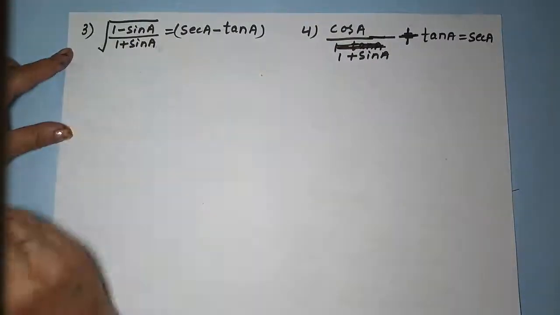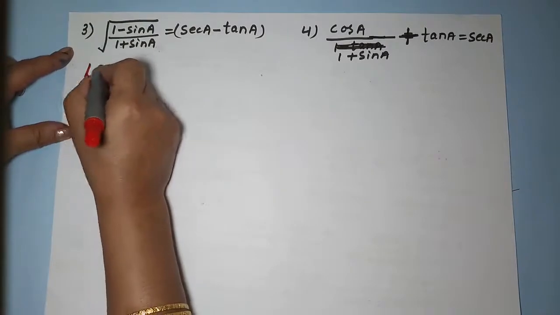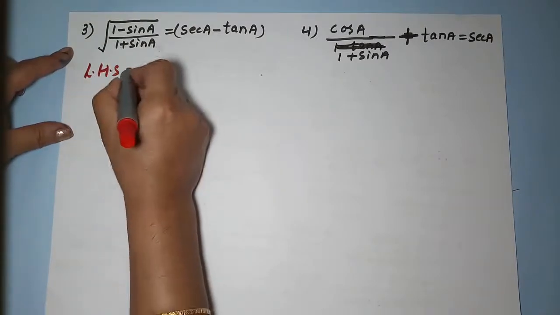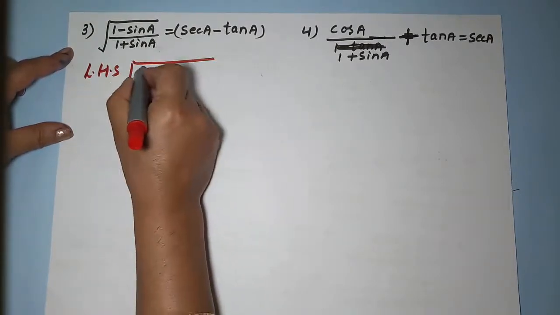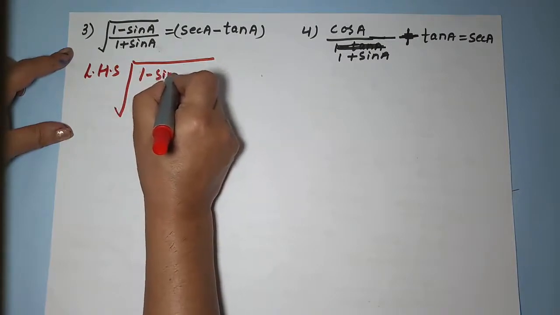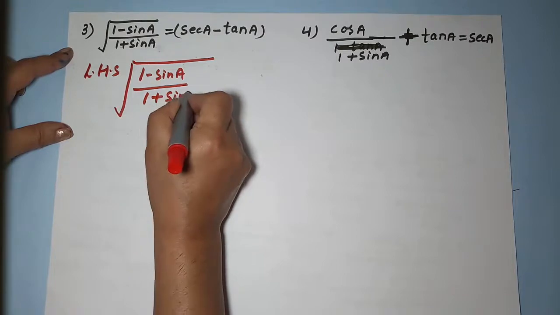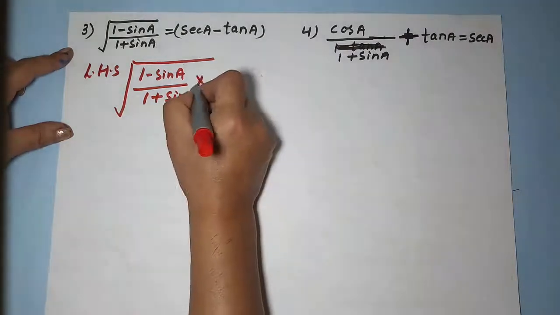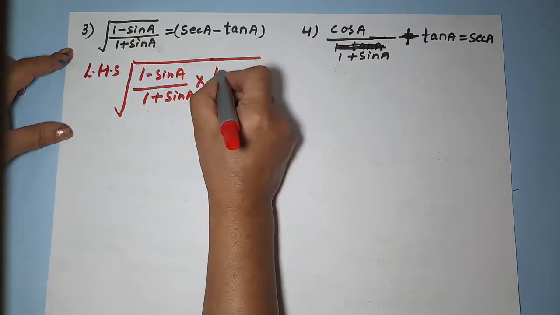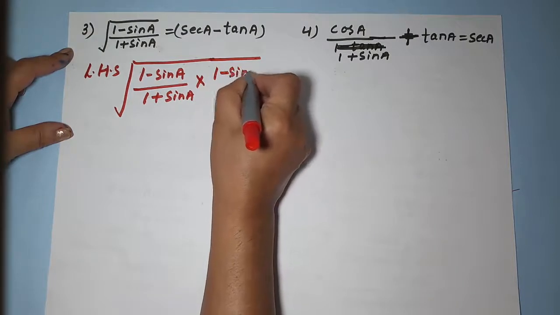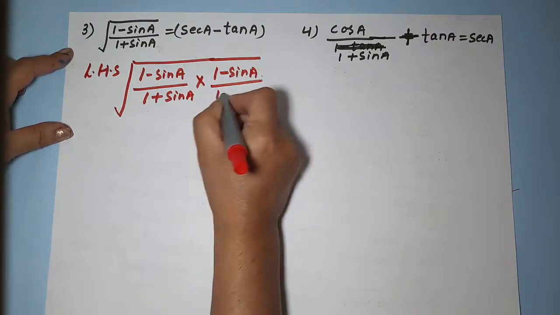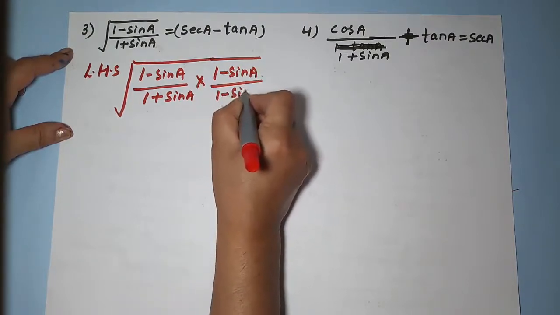Here, one more. So I will take the left hand side. What is that? Square root of (1 minus sin A) upon (1 plus sin A). Now I know I have to rationalize this. So multiply by (1 minus sin A) upon (1 minus sin A).